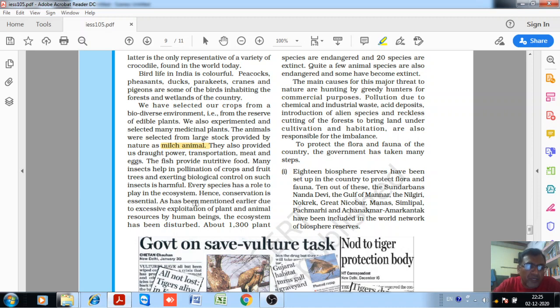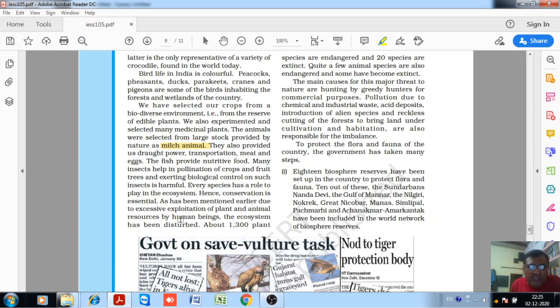Slowly, the number of these animals came down, and they are near about to extinction. Some species of the animals and plants are endangered, and some of them have become extinct. But some are very rare and some are very common. Generally, they are found everywhere.